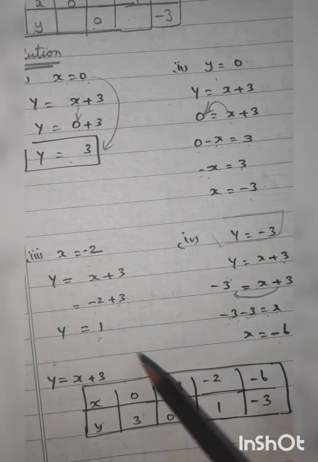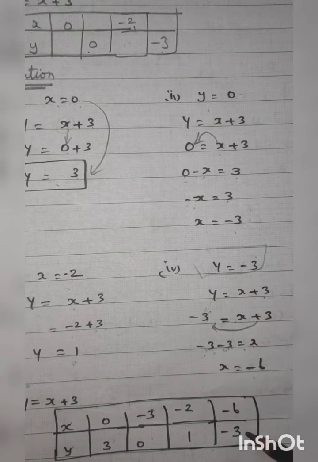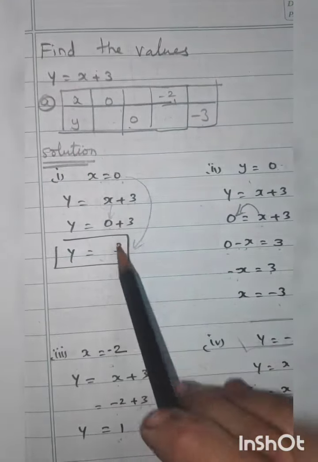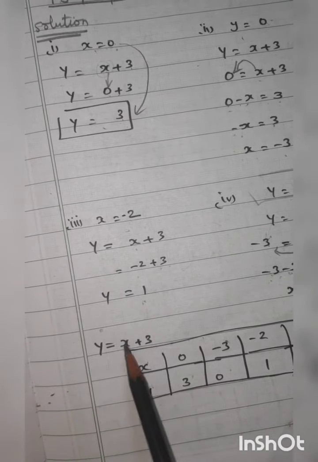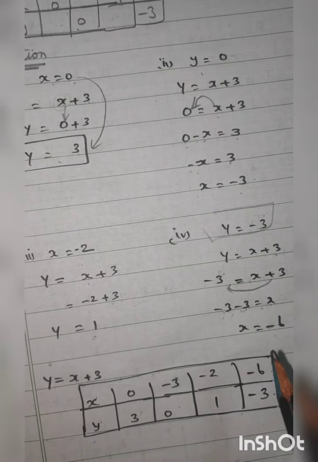Now for minus 2, the answer is 1. For minus 3, the answer is minus 6. Put in the column what is the question and what is the answer. You write the answer there. Y equal to x plus 3, draw the tabular column and write the answer.